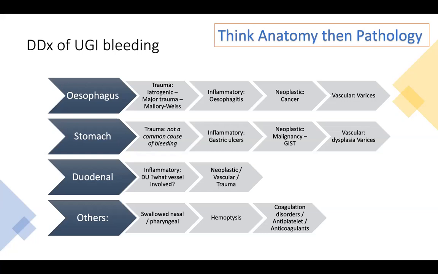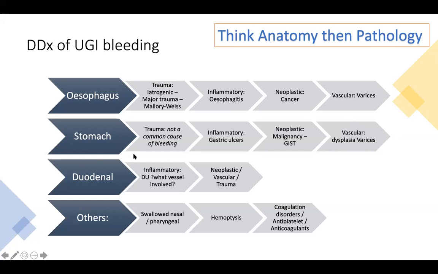Ulcers, which is a very well-known thing, and neoplastic gastric cancer is something very well known for hematemesis, especially GIST, by the way. The GIST tumor is very well known for bleeding, okay? And vascular, maybe dysplasia and varices. Vascular dysplasia or abnormalities is very well known in the stomach, and varices are well known in the stomach.